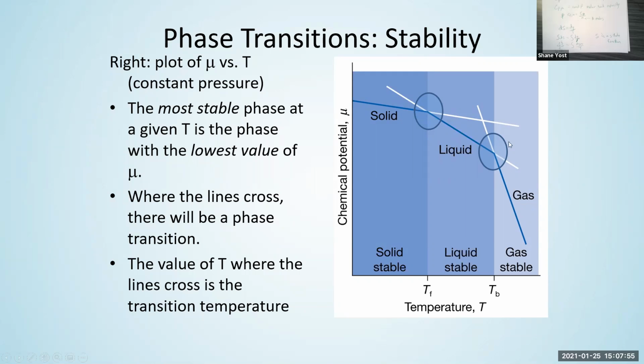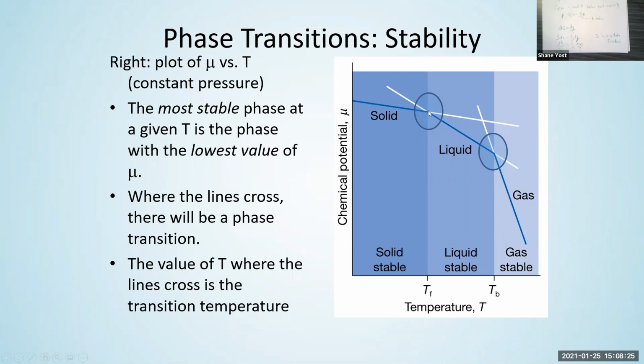So the chemical potential for solid is relatively flat with temperature, for liquid there's some slope to it, and for gas there's a very steep slope with respect to temperature. Because these different phases have different dependence on temperature, you go from a solid at low temperatures to a liquid at medium temperatures to a gas phase at high temperatures.